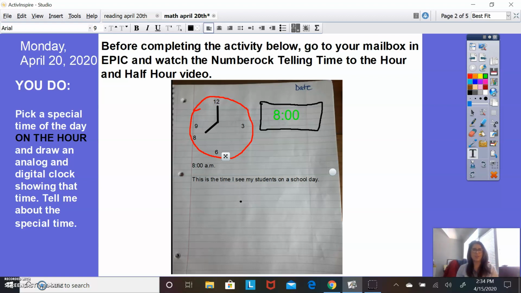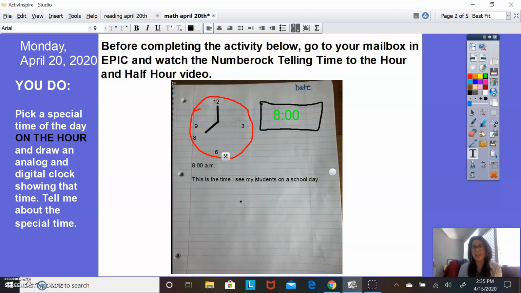Now, I forgot to mention that before you complete this activity below, you're going to go to your mailbox in Epic, and I want you to watch one more video for me. It's the Number Rock telling time to the hour and half hour video. It's important that when you go in there that you specifically pick this video, the Number Rock telling time to the hour and half hour video.